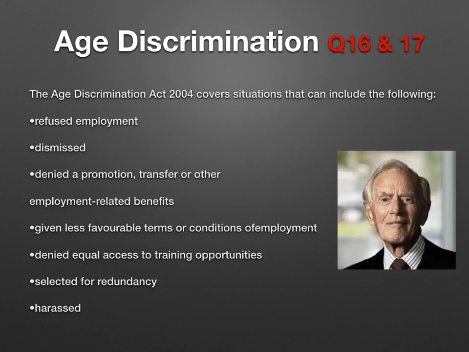The Age Discrimination Act covers situations that include where a person's refused employment on the basis of their age, where they're dismissed, denied a promotion, where they're given less favourable terms, where they're denied access to training, where they're selected for redundancy, where they're harassed. And so you're not allowed to do that. It's against that act if you treat people poorly. And there is a significant amount of age discrimination in employment in Australia still.